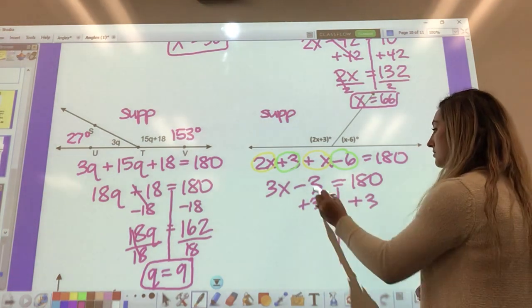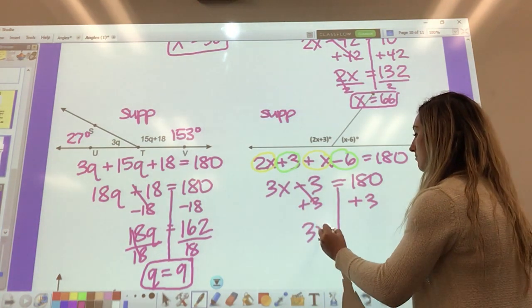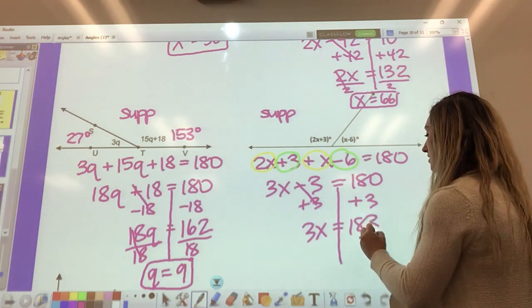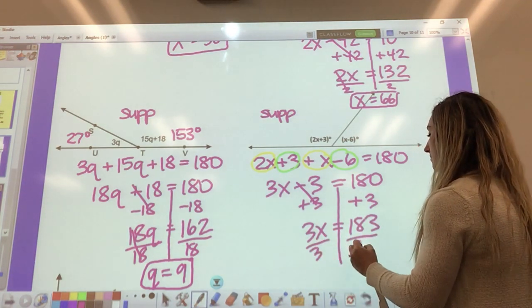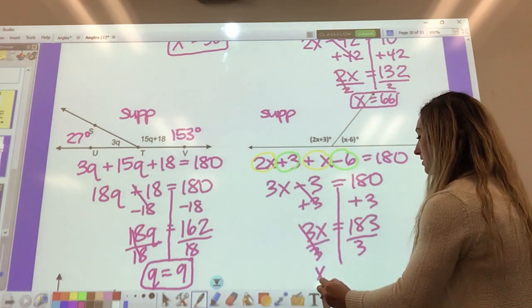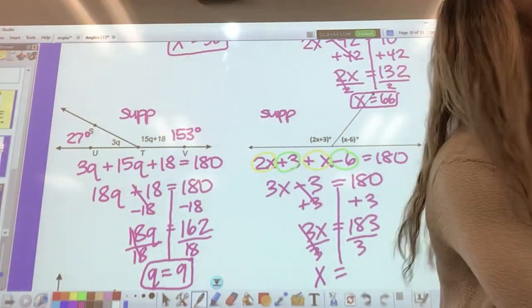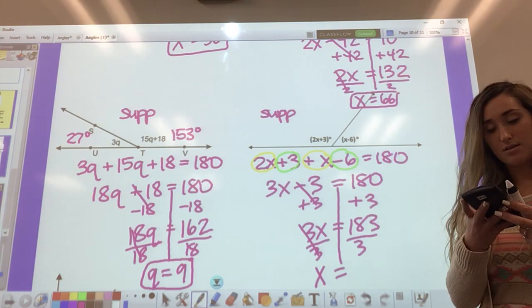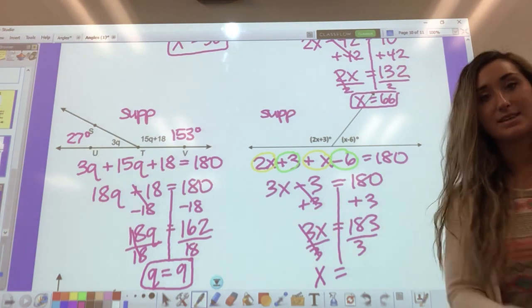Add 3 on both sides to get 3x equals 183. And then divide both sides by 3 to get x equals 183 divided by 3, which is 61.